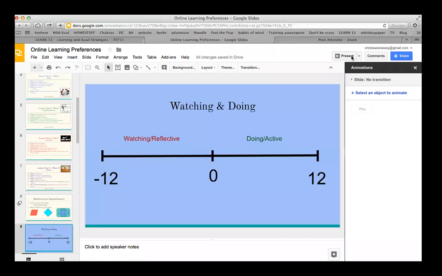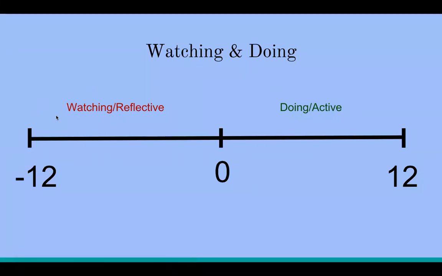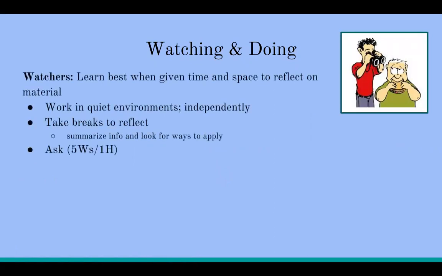Great. All right. So if you have -12, you're really high on the watching, the reflective type of learner. If you have +12, you are really high on the doing side. You're a doer, okay? So recognize that, and then we're going to move on. What this means is watchers are students who learn best when they're able to digest and reflect on what they're learning.